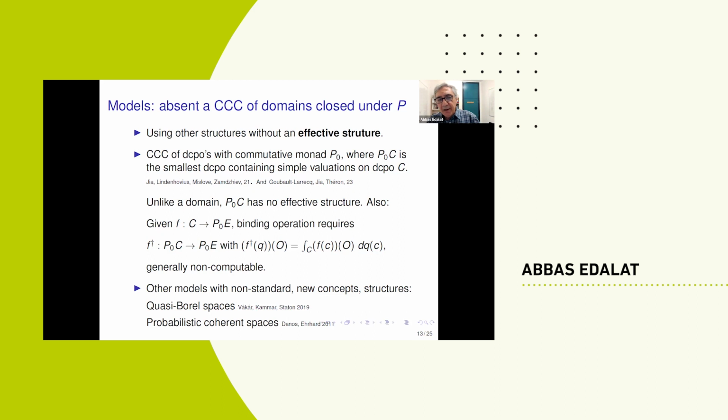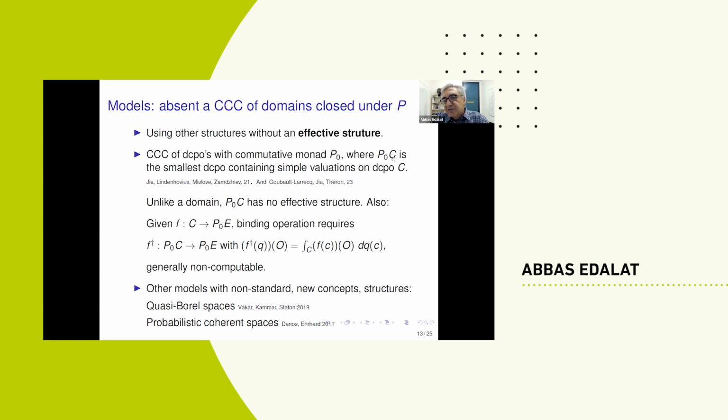But the problem, even with just using DCPOs without any basis, without effective structure, is that they can't get a commutative monad. And to get a commutative monad, they had to restrict the probabilistic power domain constructor to a subset of that construction.